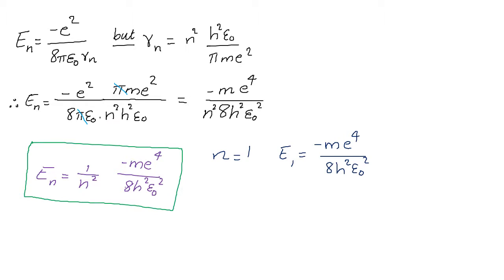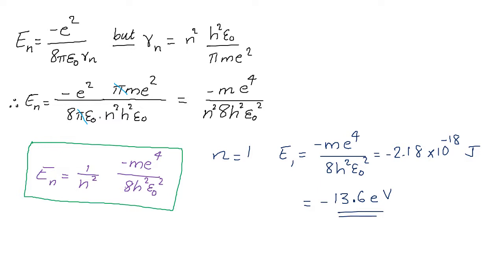Upon simplifying, you will get it as negative 2.18 into 10 raised to negative 18 joule. Usually in the atomic domain, energies of electrons are represented in eV, electron volt. So in eV it is negative 13.6 eV. Correct?